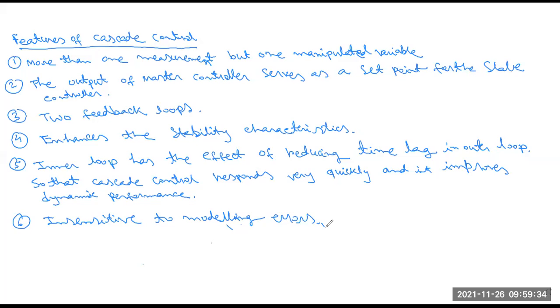Okay, so here a little bit of error is also detected, but the value is negligible. So that is the insensitivity to modeling error. And another one, the secondary controller corrects the disturbances arising within the secondary loop before they affect the primary variable. That means another characteristic of cascade control systems: when you use the secondary controller, we have to use two controllers, the primary controller and secondary controller systems, that means master and slave controller systems.